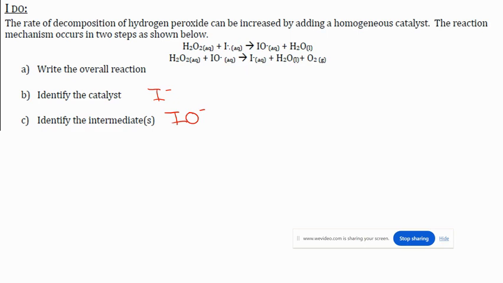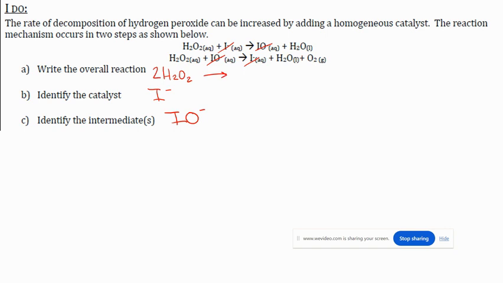When we write the overall reaction, we get rid of the intermediates, and we get rid of the catalysts, and then we write what remains. Okay, so my overall reaction is H2O2, and I have two of those. I have one from here and one from here.